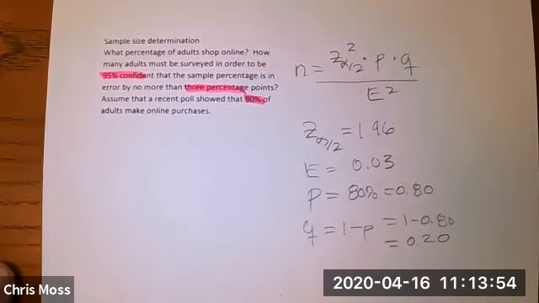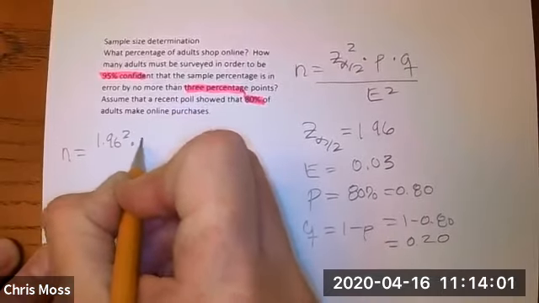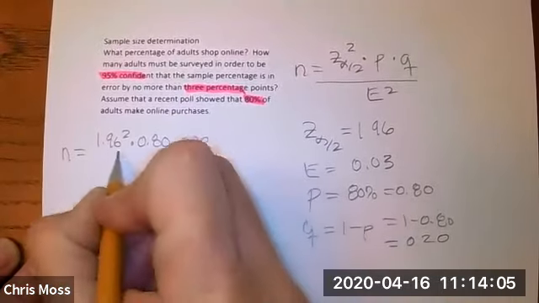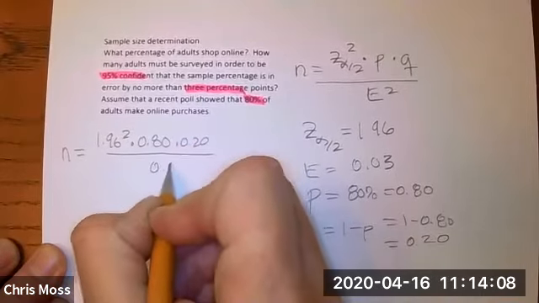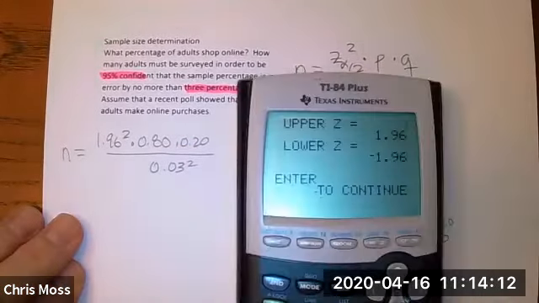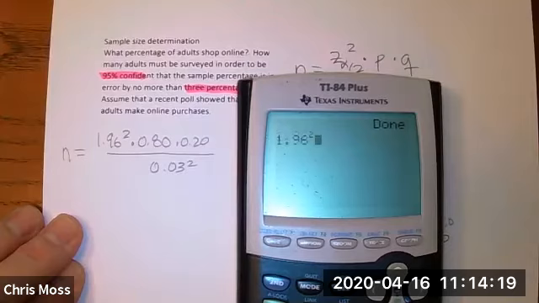It'll go in exactly as it looks. And once again, the order of operations will not pose a problem. Mr. Calculator comes back to do the hard work. Times 0.8 times 0.2, and we'll divide that all by 0.03 squared.